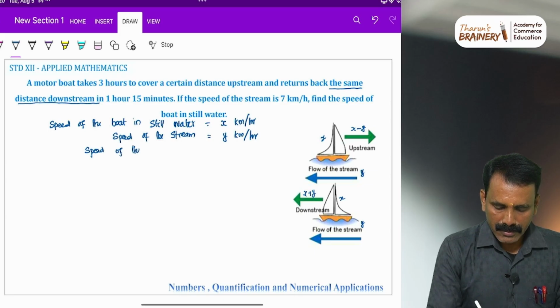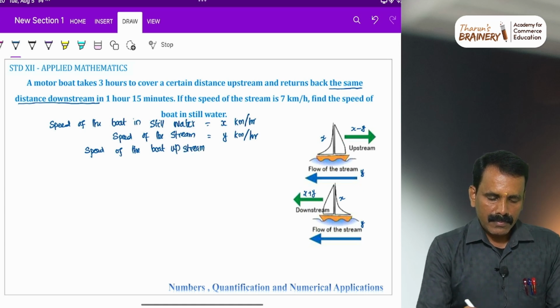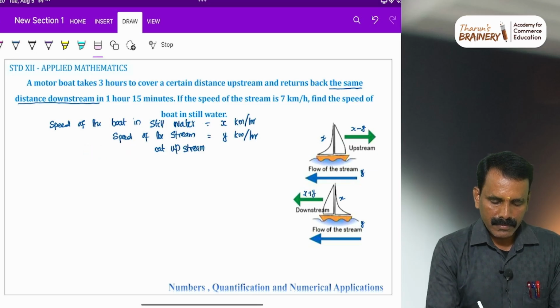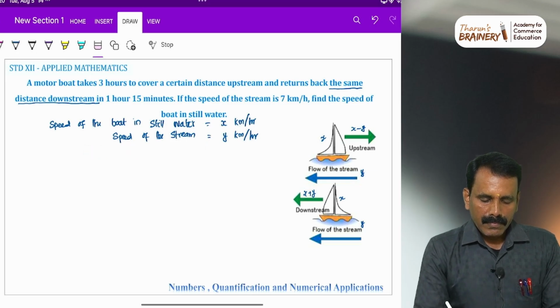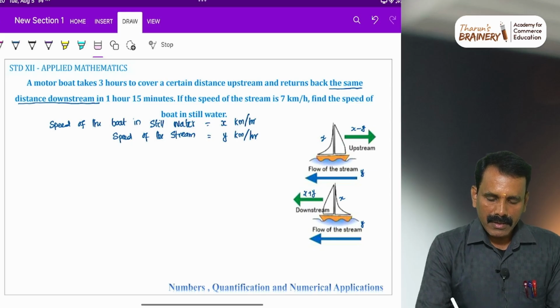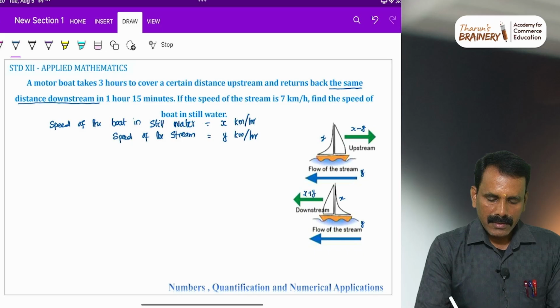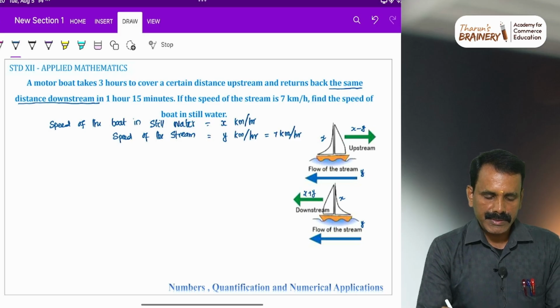And the y value is given to us. Speed of the stream is going to be 7 km per hour. It is given to us.